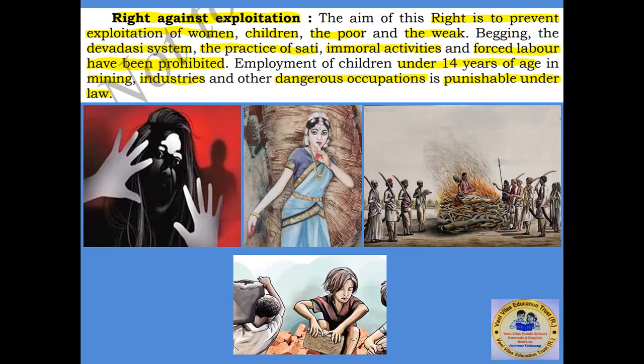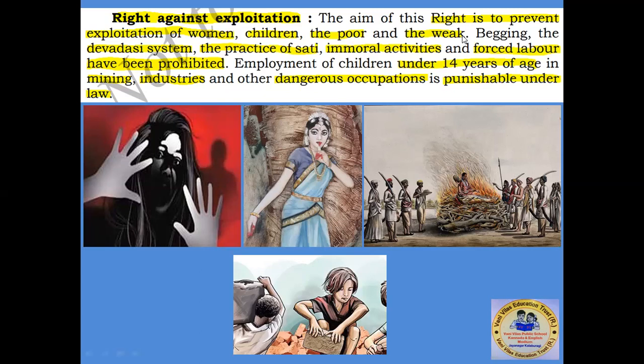Begging, the Devadasi system, the practice of sati, immoral activities, and forced labor have been prohibited. Okay, according to this right against exploitation, there are many evil practices we have successfully removed from society.